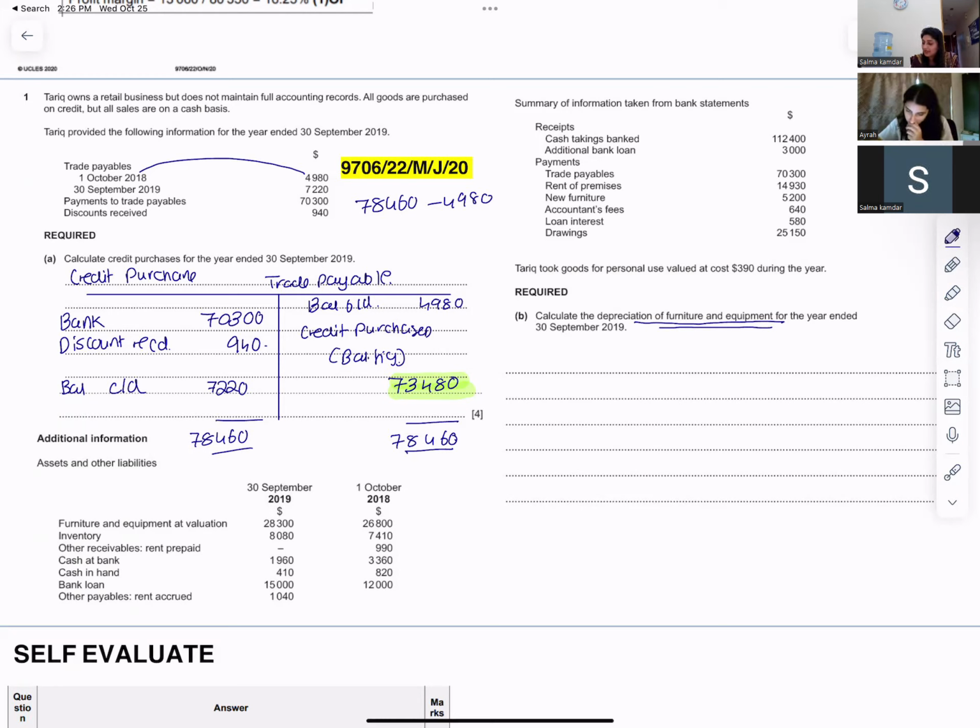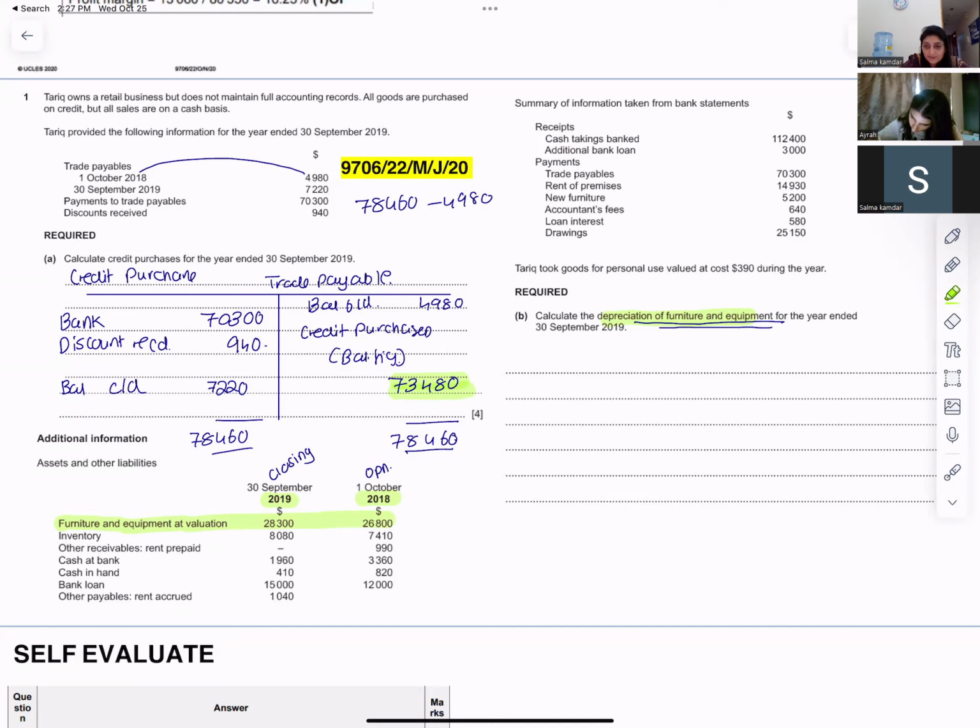When they want you to calculate depreciation of furniture, I will see all the information related to furniture given to you. This is the opening and this is the closing. What else is related to furniture?